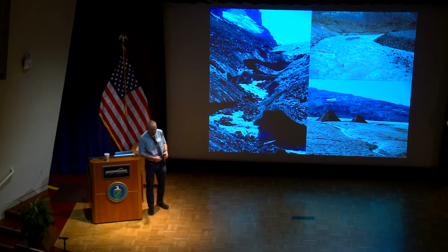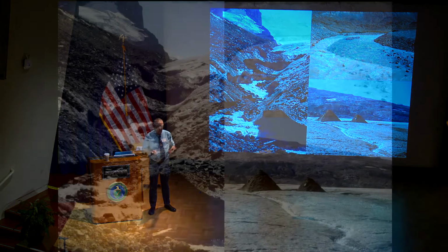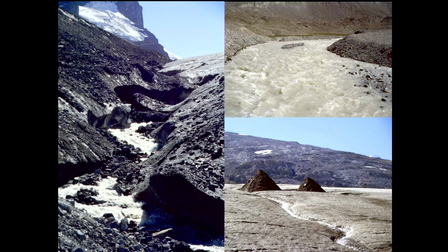So if you visit a glacier, and I encourage everybody to get to see one before they all melt away completely, what you will notice is that there's just a tremendous amount of material being melted out of the ice. Glaciers are incredibly dirty things. They pick up all this rock and sediment, they carry it, and then they release it onto the landscape.